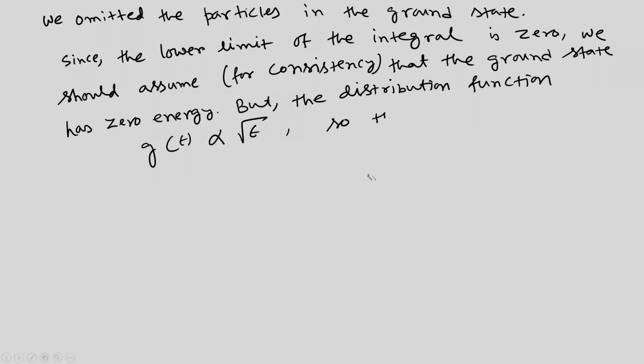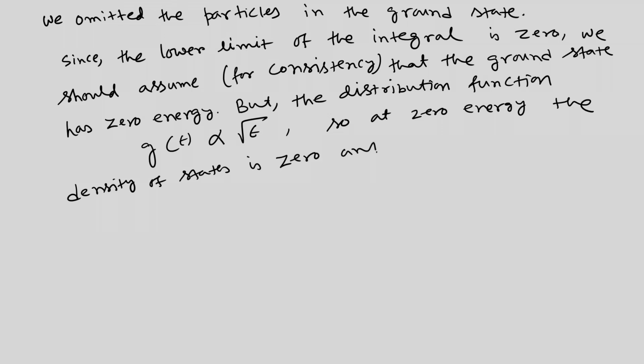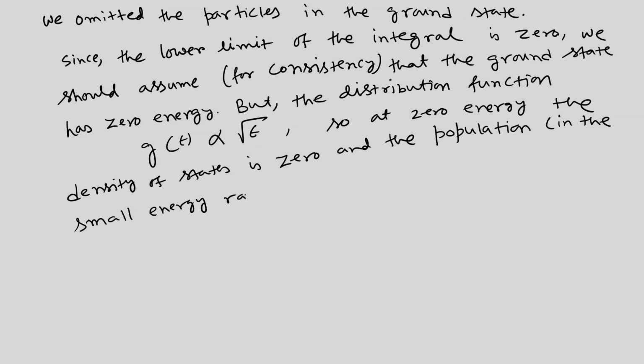So, at 0 energy, the density of states is 0 and the population in the small energy range between 0 and d epsilon is 0.